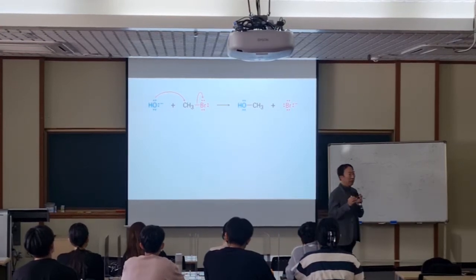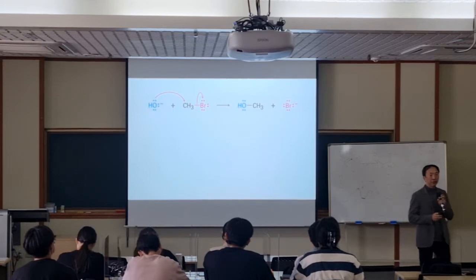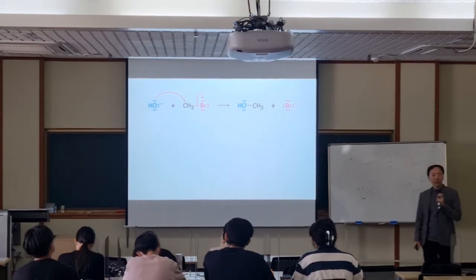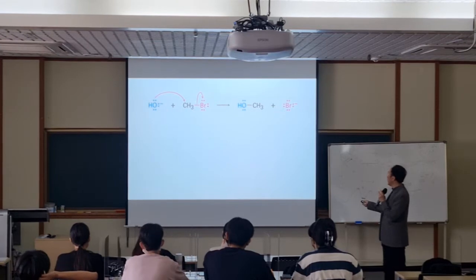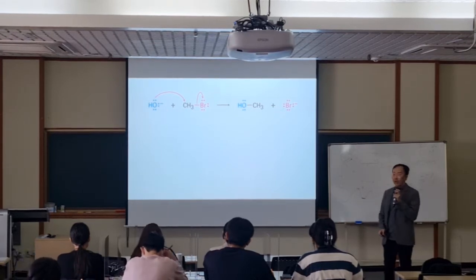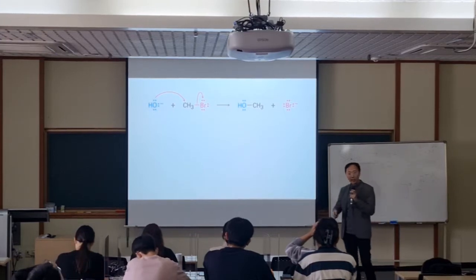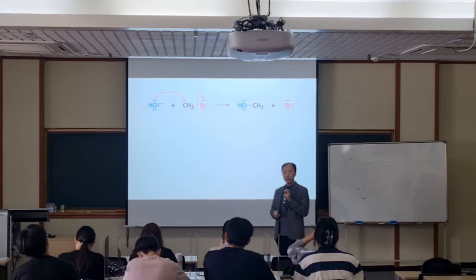But anyway, let's assume somehow we have a halogenated hydrocarbon, then that can be a good starting material. Then alcohol generation is straightforward by using this hydroxide nucleophile, attaching here and removing one bromide, and we can form alcohol. If you have the alkyl halide, then that's a good precursor for alcohol.